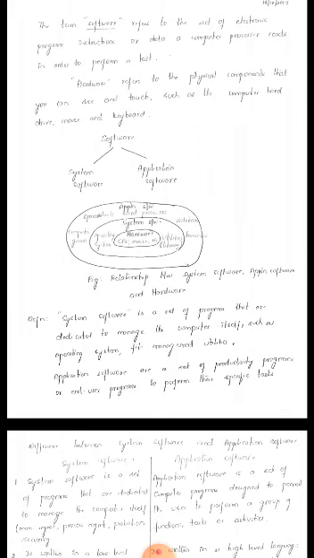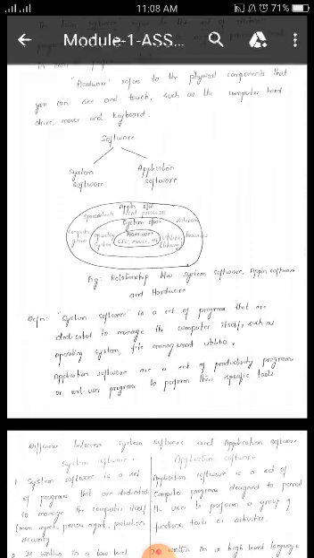But the application software is also a set of programs which is written for the user's purpose, right? As I said, a game is an application software, so it is not a system software. System software will start when you boot the system, right? Once I switch on my system, all the system software will be booted.